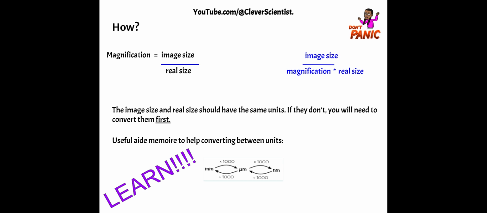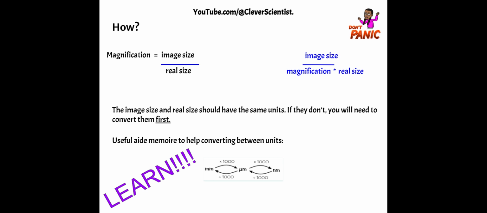So something else that you need to be aware of. The image size and the real size should have the same units. If they don't, you'll need to convert them first. And here's a little useful aide-memoire to help you convert between the units. So if you're going from millimetres to micrometres, you've got to multiply by 1,000.